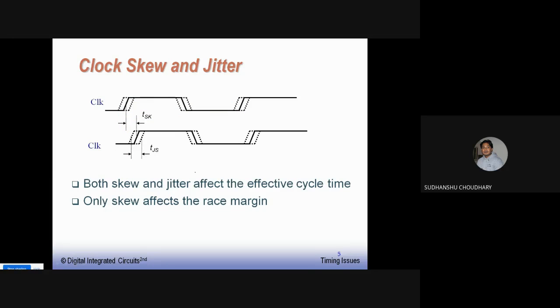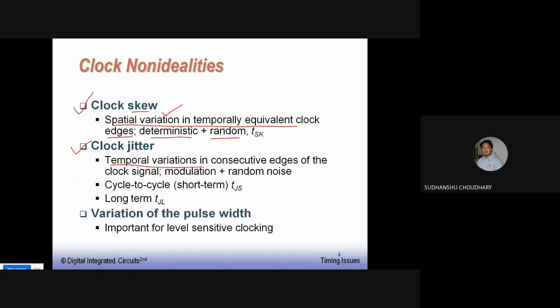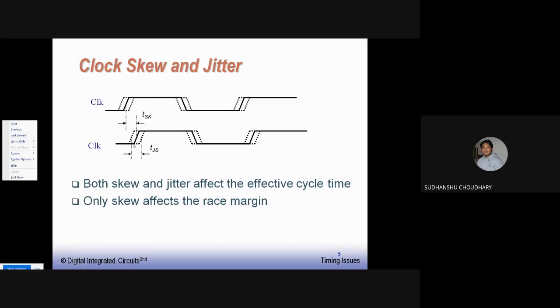Now, if we talk about clock jitter, I'll go back here. Jitter is temporal variations in the clock signal. Here, the solid line from here to here is my original clock. Because of temporal variations, the starting and even the ending may fluctuate for a temporary moment.